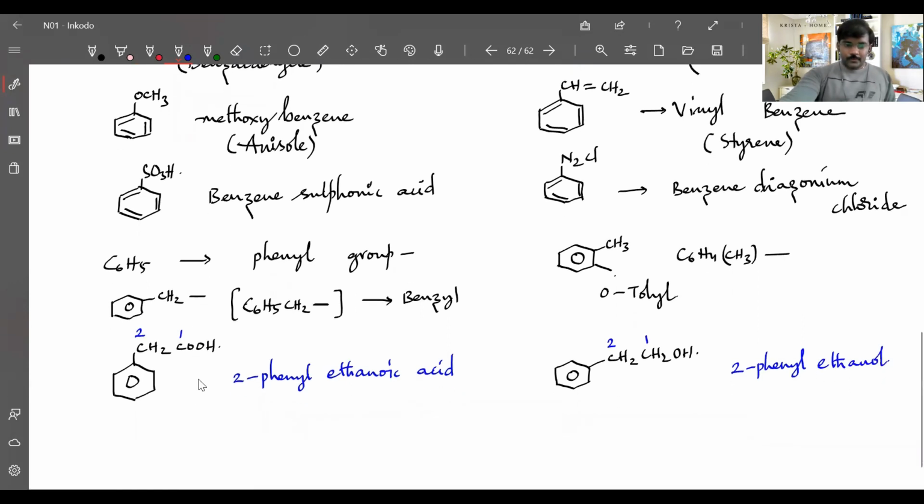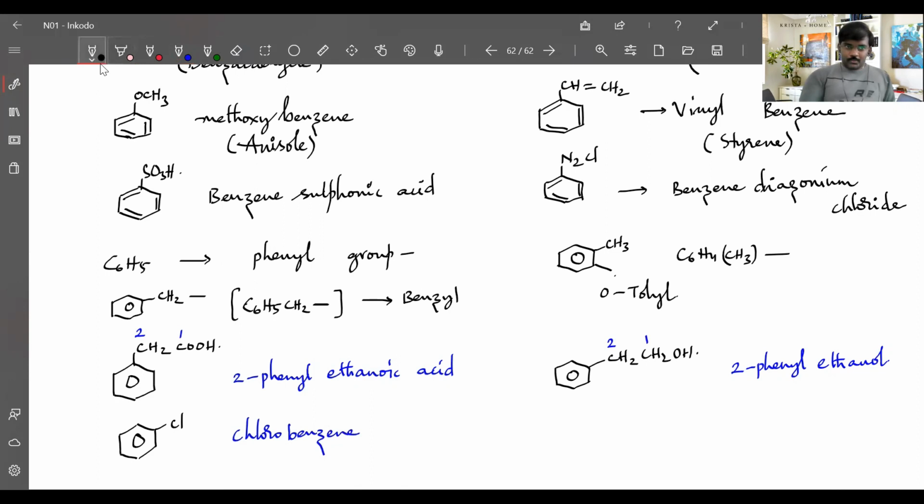Suppose I have a compound like this. On the benzene ring, chlorine is directly attached. So this is chlorobenzene, or simply you can also write it as phenyl chloride.